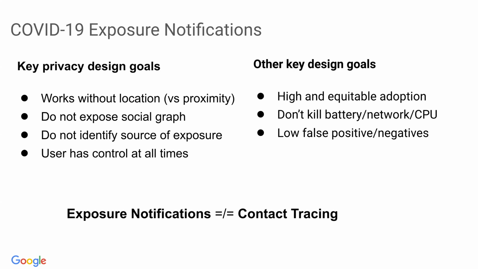So, for example, we know that in general, the install rate of an app is inversely proportional to the square of the battery usage. And so it's been very important to us to make sure that the system is making careful use of the device resources.